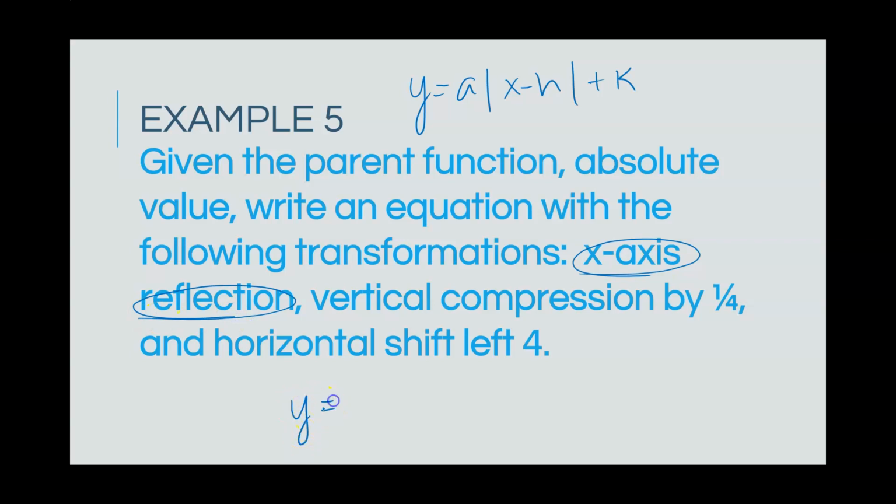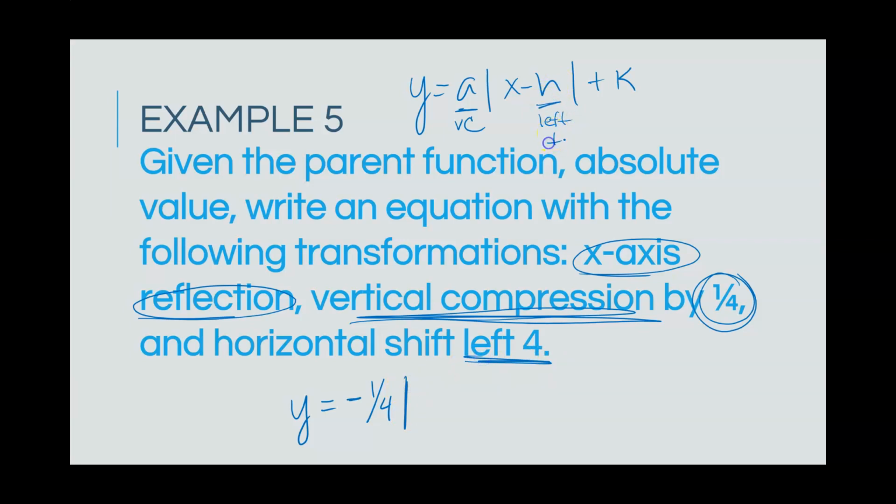So y equals, that means we're going to have a negative. Vertical compression is your A value, so it's going to be a negative 1/4 because it's an x-axis reflect, then a compression. Then I'm going to go left 4. Left is my H, and it's going to be positive because it's opposite, so it's going to be x plus 4. I do not have an up and down, and that is it.